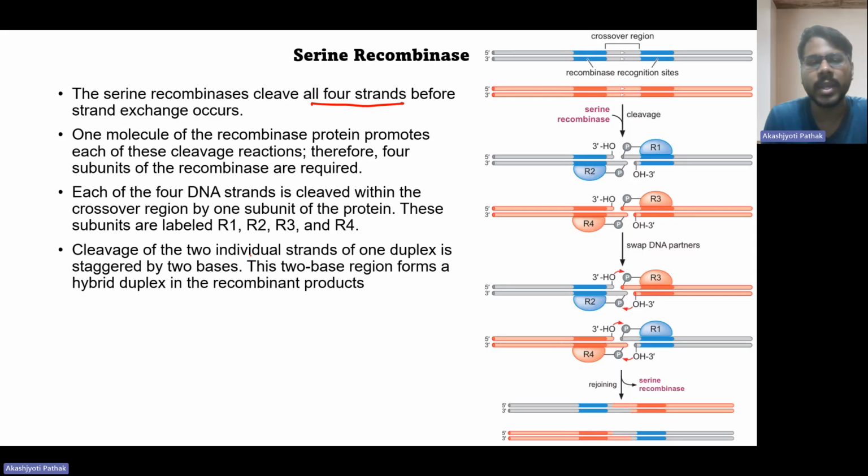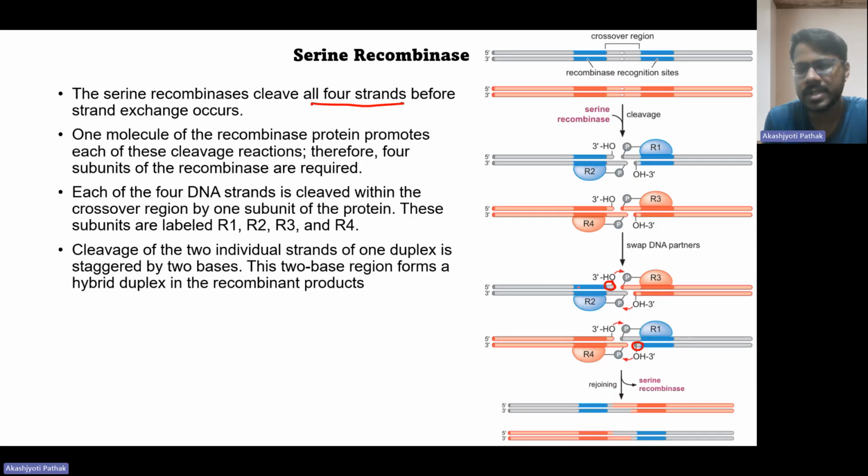Now cleavage of the two individual strands of one duplex is staggered by two bases. You see here there are two bases. Similarly, in the bottom strand there are two bases. Okay, this two base region forms a hybrid duplex in the recombinant product.